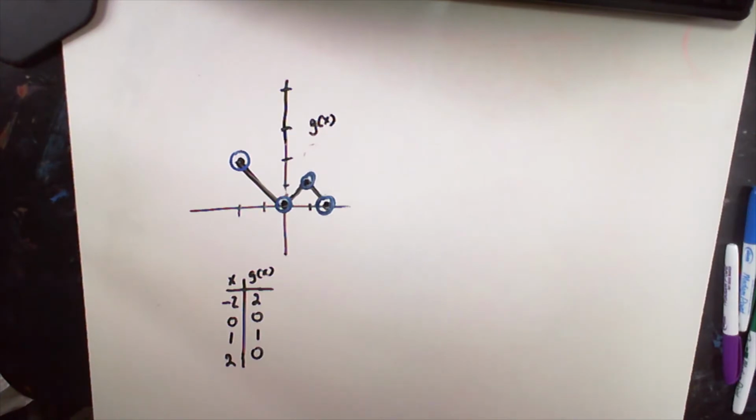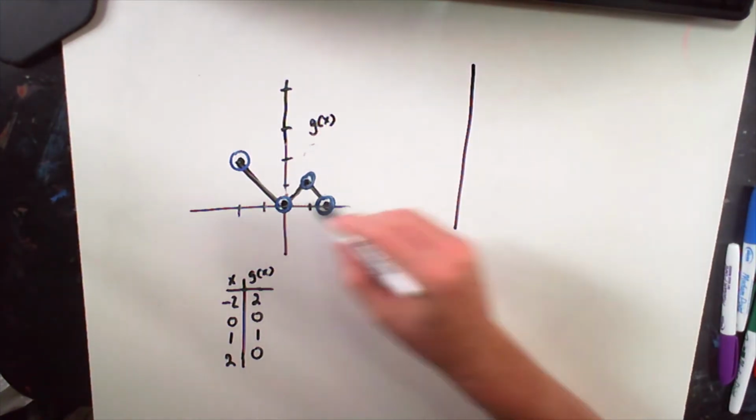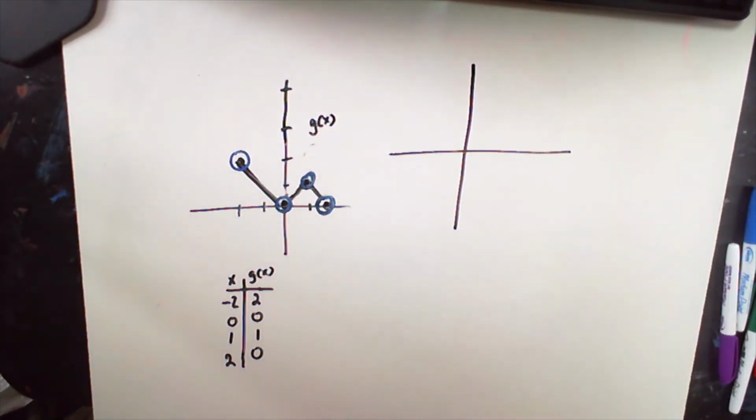Our next one is 1/2. So I'm going to graph over here just to save the integrity of that graph. Again, in this next one, I've got f of x equals 1/2 g of x.